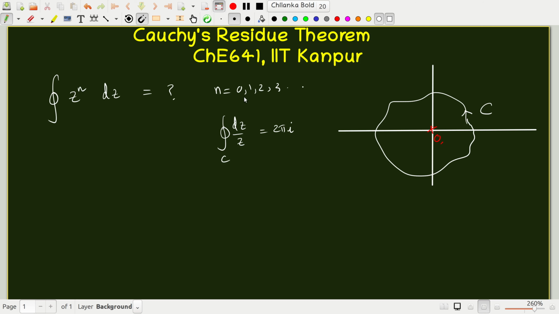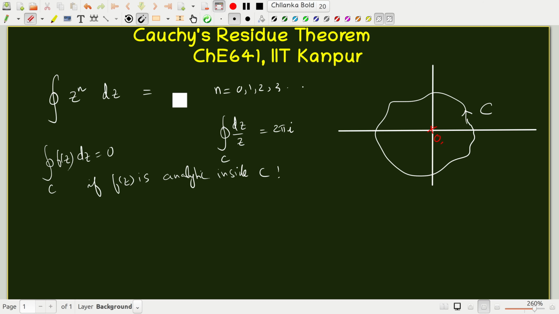With the help of Cauchy's integral theorem: the integral of f of z dz is 0 if f of z is analytic inside C. So z to the power n for n positive is certainly analytic inside C. You can ensure that it satisfies the Cauchy-Riemann condition, as well as that it is not singular at the origin. So without actually doing any work, you can immediately say that the answer is 0.